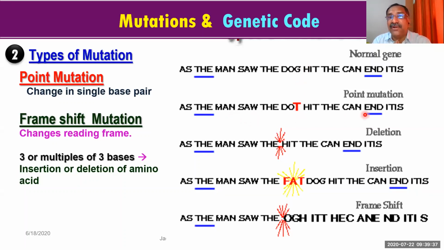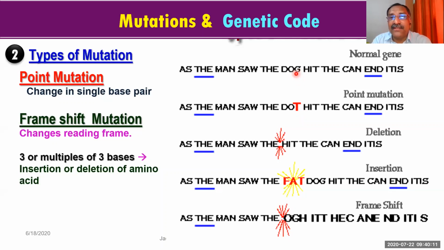Now see, what is the meaning of it? The man saw the dog. You know the meaning now? Now you see, the man saw the dot. Has the meaning changed, or is the meaning the same? The meaning has changed. So by a simple substitution of a letter, instead of G, the T has come.